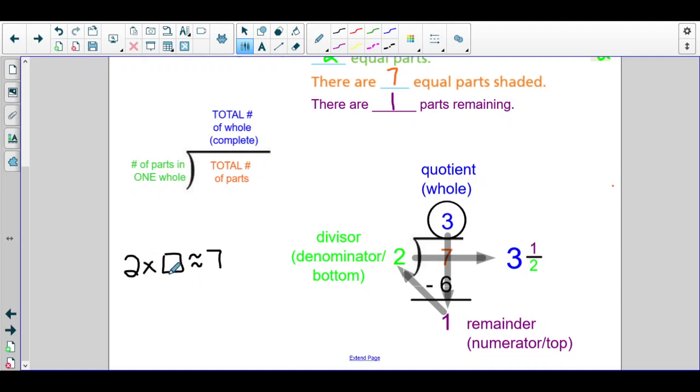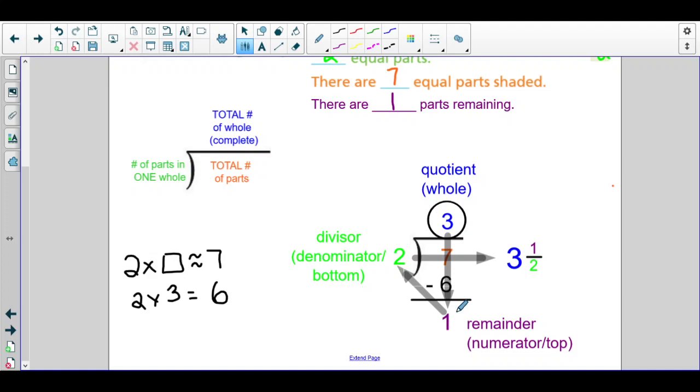And that number is 3. All right? So 2 times 3 equals 6. I'm going to subtract and get 1 for a remainder.